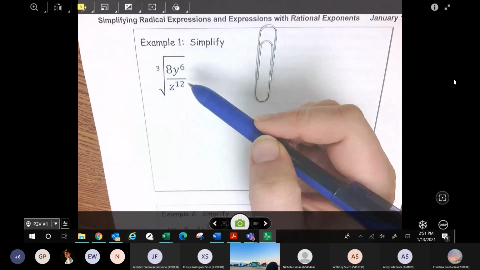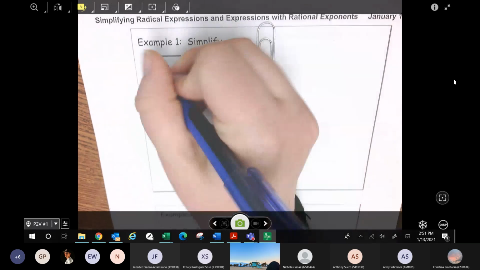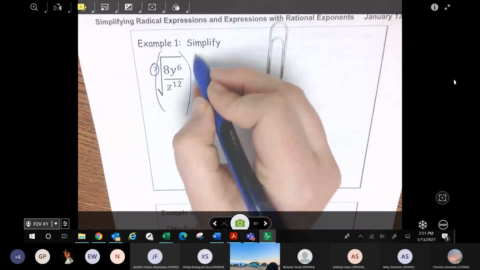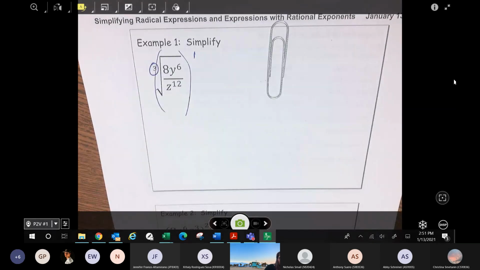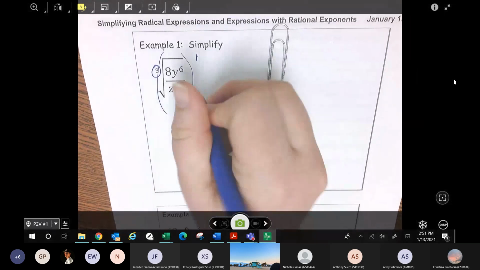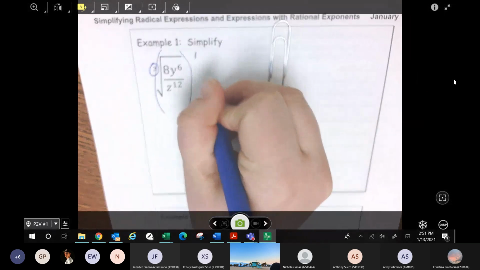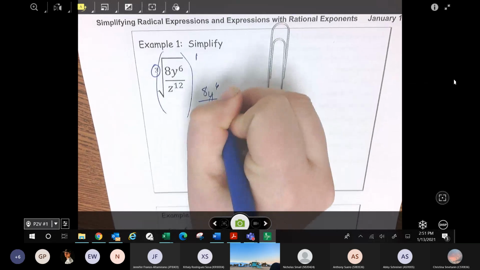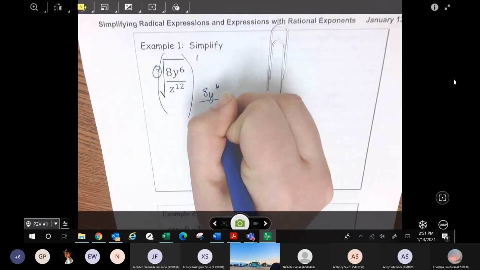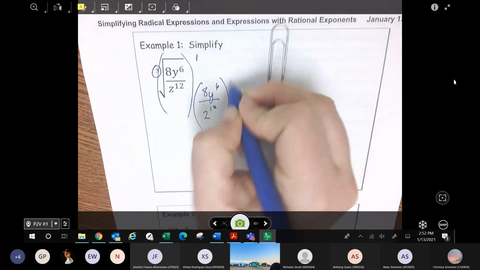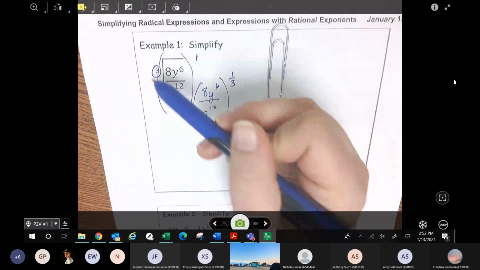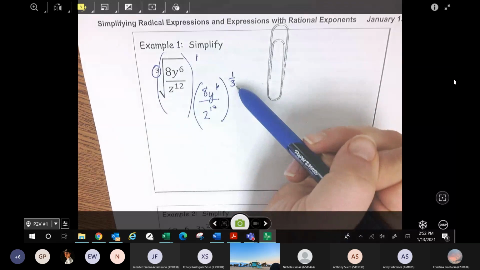I want to move it to rational exponent form. This is your root, and everything is raised to the 1 power. So that means you're going to have 8y to the 6, and then z to the 12, all raised to the 1/3 power. Remember, 1 is your power, 3 is your root.